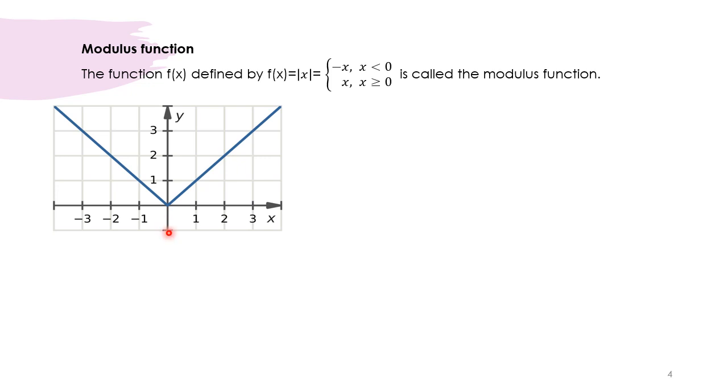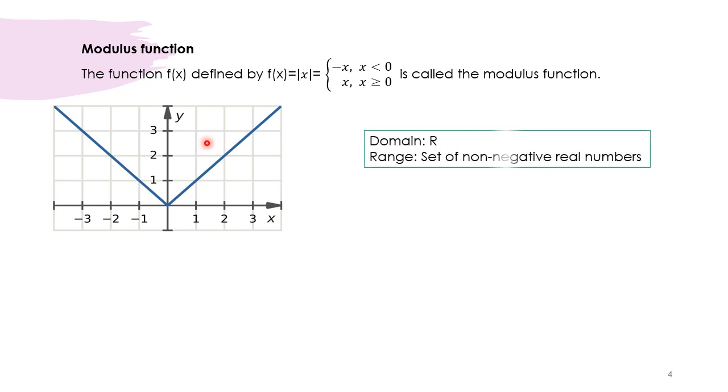So it means the range of the function is the set of all non-negative real numbers, that is, y greater than or equal to 0. So the domain of the function is the set of real numbers, and the range is the set of all non-negative real numbers.